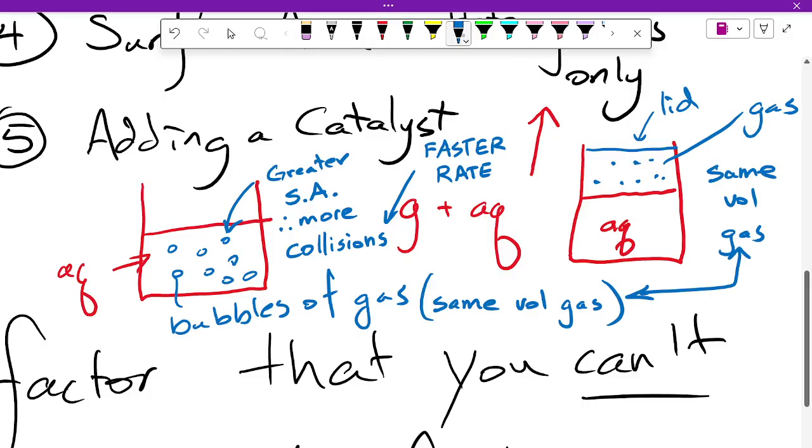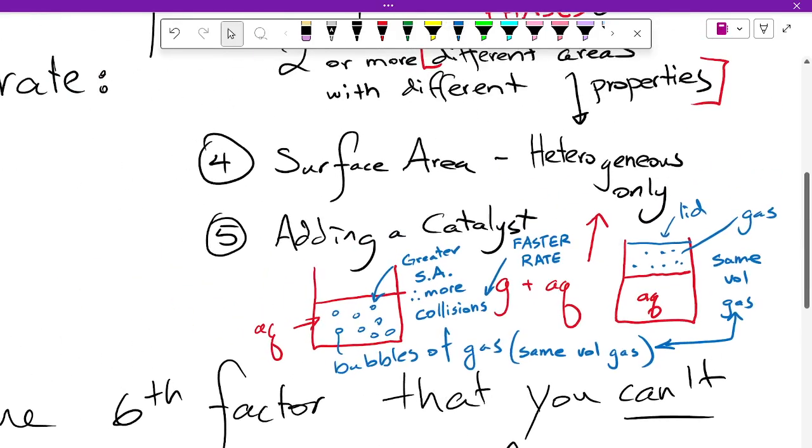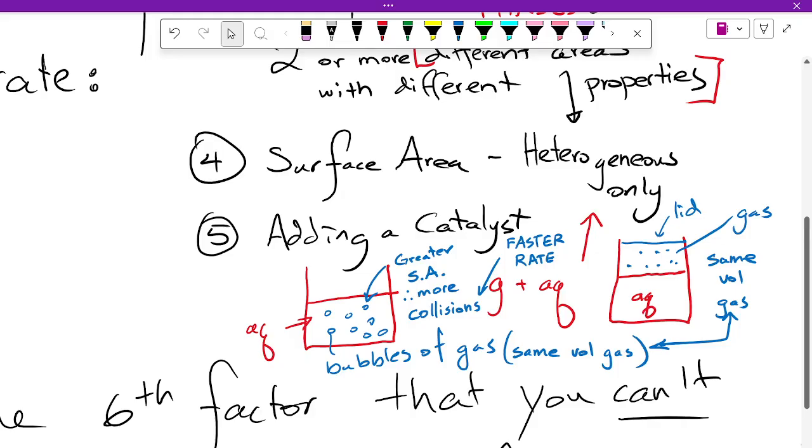Larger surface area means more chance of collisions. So larger frequency of collisions, which then leads to more successful collisions, which leads to a faster rate. Faster rate is the end result, okay? So that is surface area.